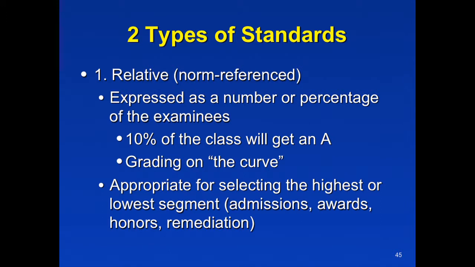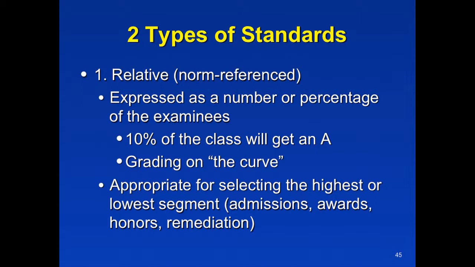2 types of standards. I'm not going to go into a lot of detail here, just to make sure that you recognize that there are 2 types. The relative standard is one that depends on how well the group does as a whole. So it's not looking at an absolute score. We're simply saying that the top 10% are going to get honors or commendation or graduation with excellence. 10% of the class will get an A. The score for that 10% may drift all the way down to 50% on the final exam.